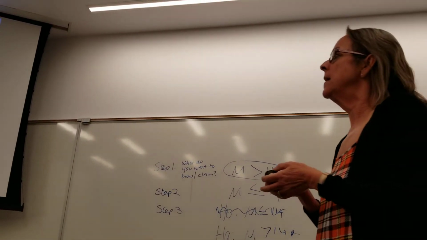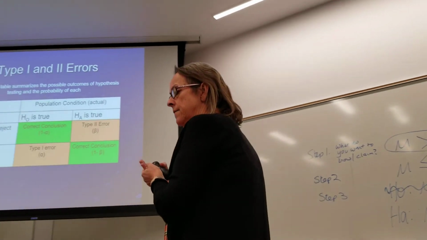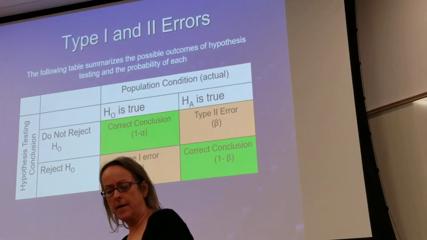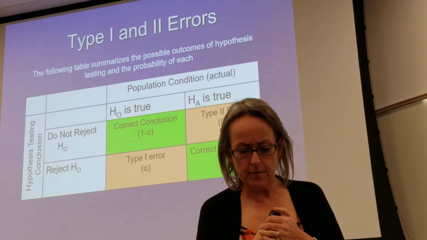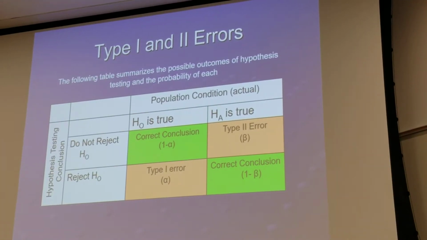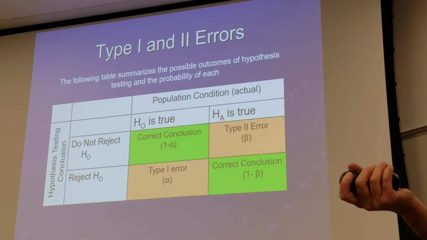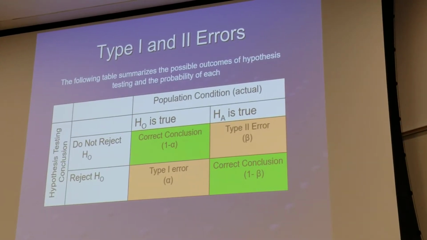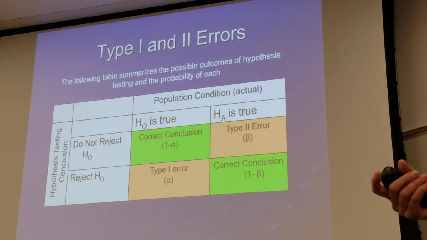A type 2 error happens what's called beta of the time. We're not going to calculate it, but you will learn about it later in your higher level business classes. But if the null is true and you don't reject it, that was the right thing to do, wasn't it? The null is true. Your decision is don't reject it.